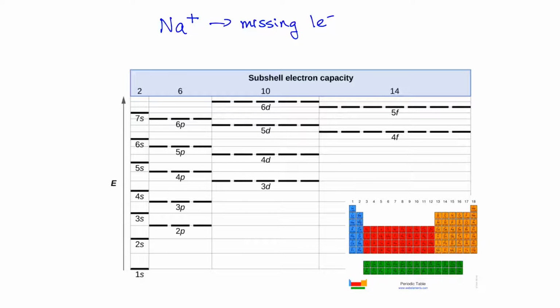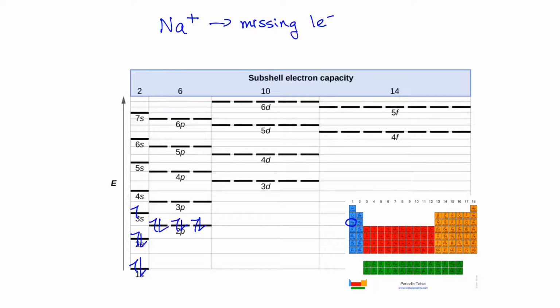Here we're looking at your sodium. Fill in your orbital diagram and write out an electron configuration for sodium. Do a full one and a noble gas abbreviation for good measure, and check back here and see how you did.